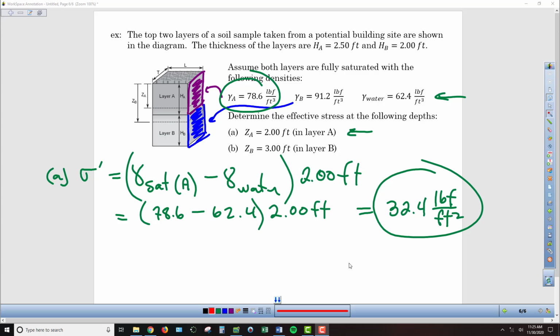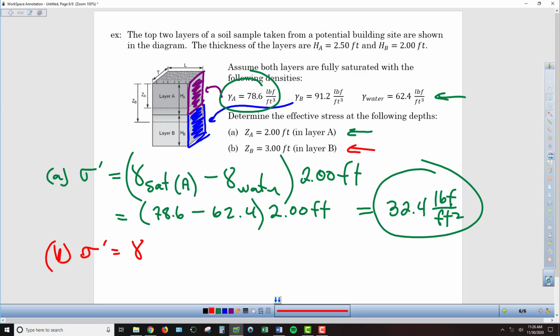Now we want the effective stress that goes 3 feet deep. So it's going to be all the way through layer A and then half a foot into layer B. So let's work on that here. Our effective stress is going to be a two-part calculation.